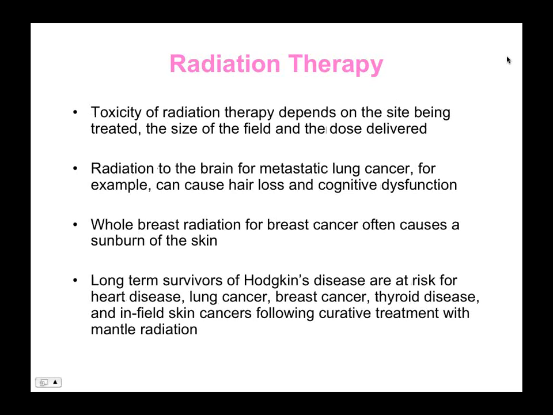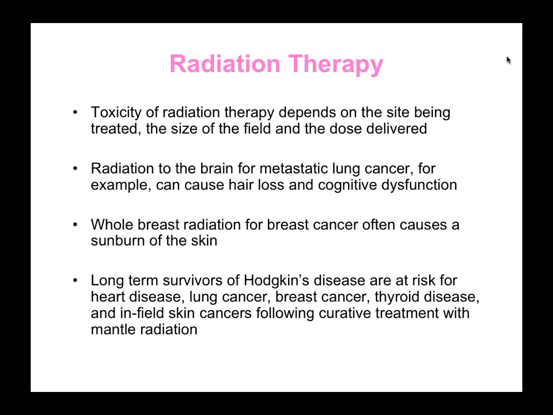And so radiation is not without toxicity. Certainly it offers benefits to patients in various settings with various types of cancer. And the toxicity really depends on the site being treated, how large the field is, the size of the area being treated, and then the actual dose of radiation delivered.